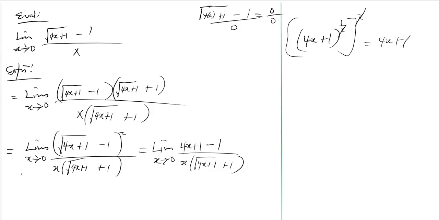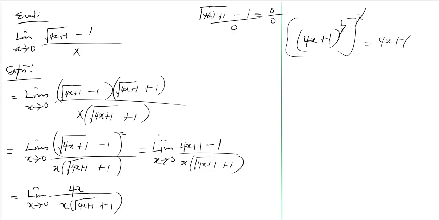And this will give us the limit as x approaches 0 of what we'll have left at the top: plus 1 minus 1 will be 0, right? So we are left with only 4x all over the denominator, which is x multiply root 4x plus 1 plus 1.